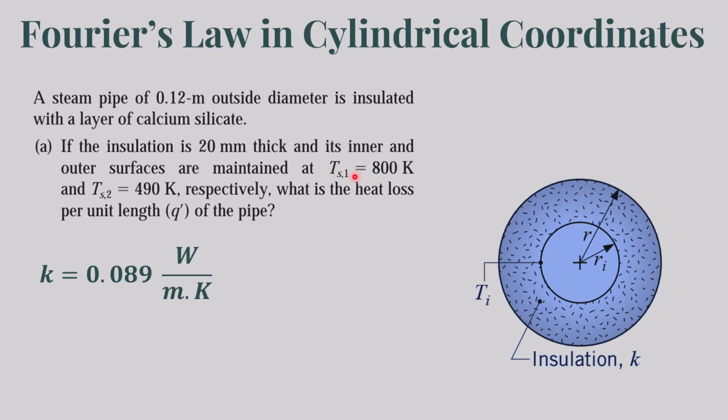And its inner surface is at 800 Kelvin and its outer surface is 490. And I have written the conductivity of this material, calcium silicate. It is 0.089 watt per meter Kelvin. You can see it is a really low number, since for insulation materials you have to choose something that has low conductivity, obviously.